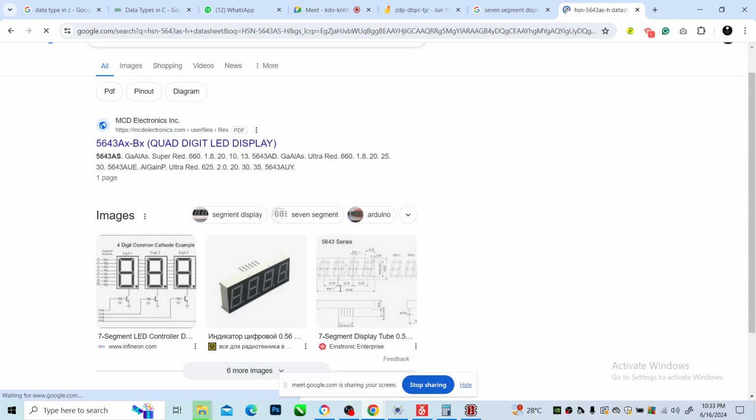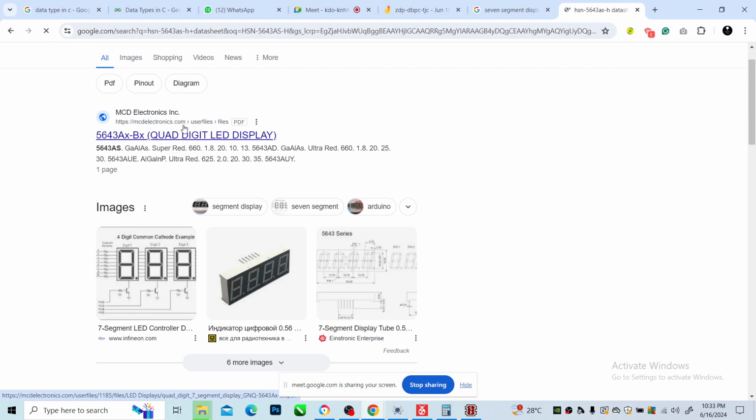You can see, this will give me the stuff already. It's opening the PDF, the data sheet of this. So I might also share it with the group.